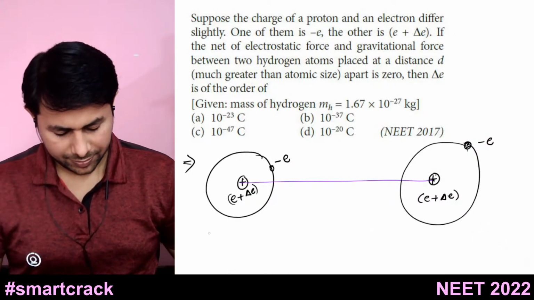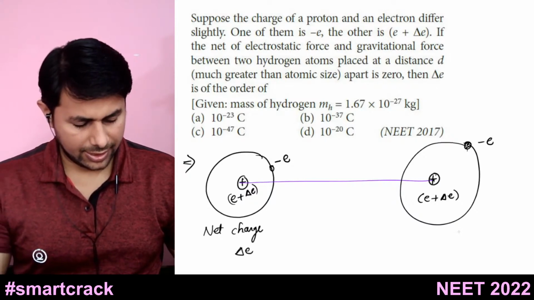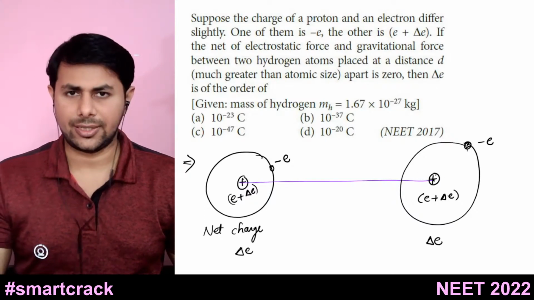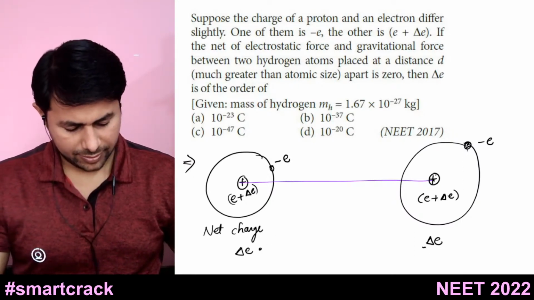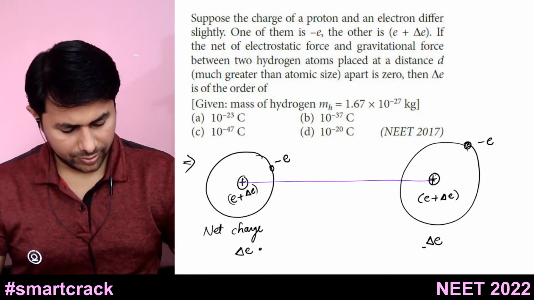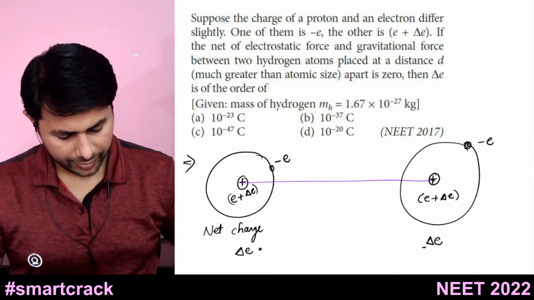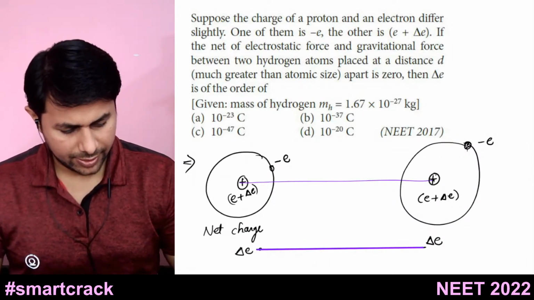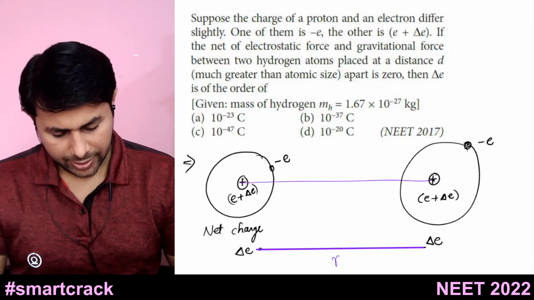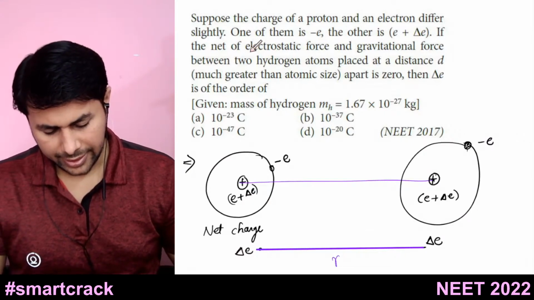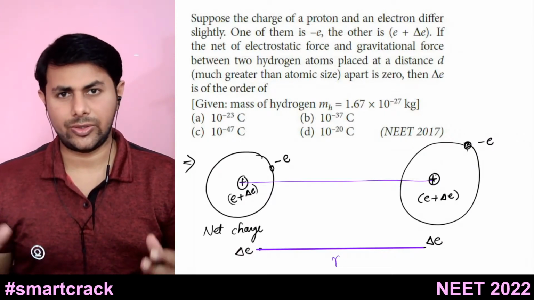So the net charge over here is delta E and the net charge over here is also delta E. So it's like there are two positive charges, each equal to delta E, separated by this much distance r. And it's given in the question that the net electrostatic and gravitational force acting on these two charges is equal to 0.